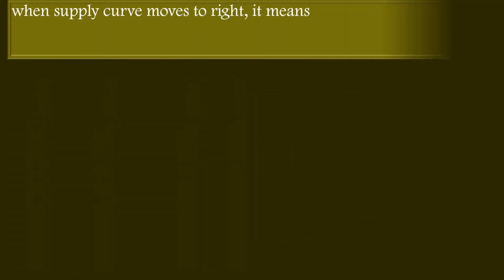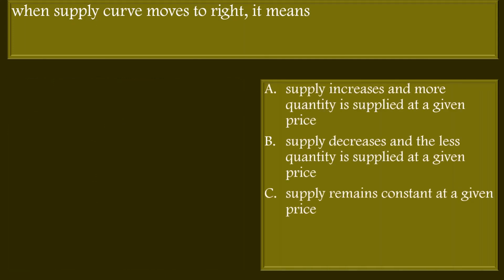Second question. When supply curve moves to right, it means options. A. Supply increases and more quantity is supplied at a given price. B. Supply decreases and the less quantity is supplied at a given price.